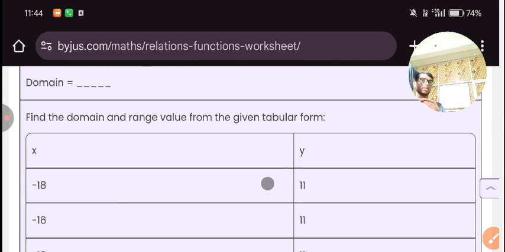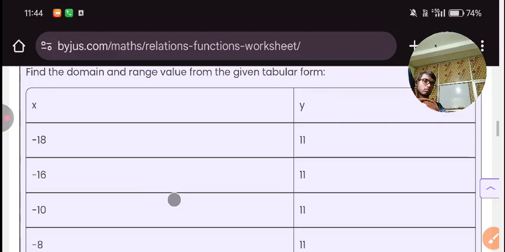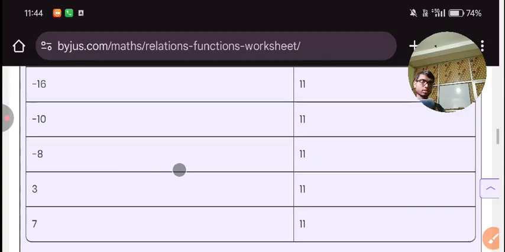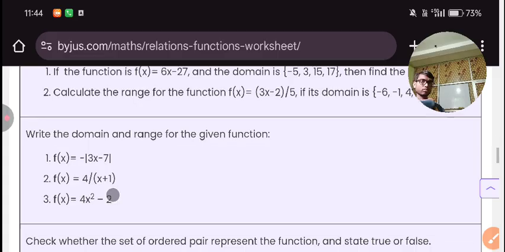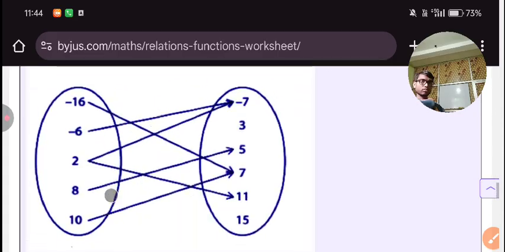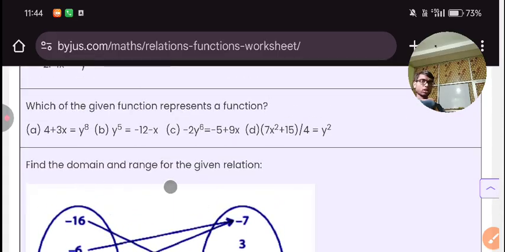Find the domain and range value from the given tabular form. These are the domains. These are the ranges. Find the domain and the range for the given relation.